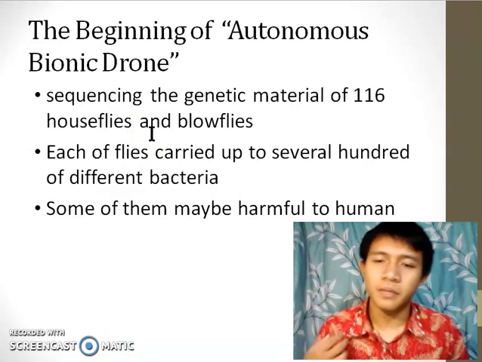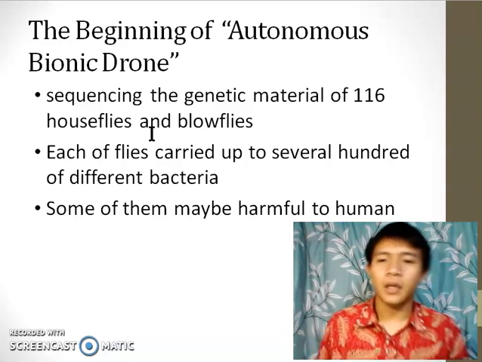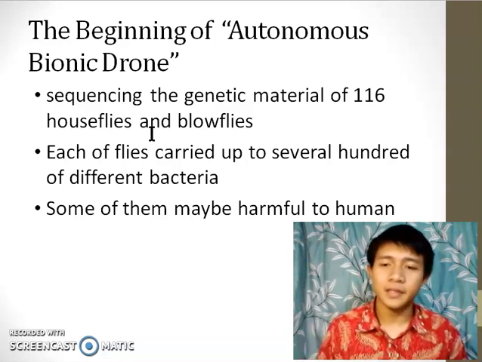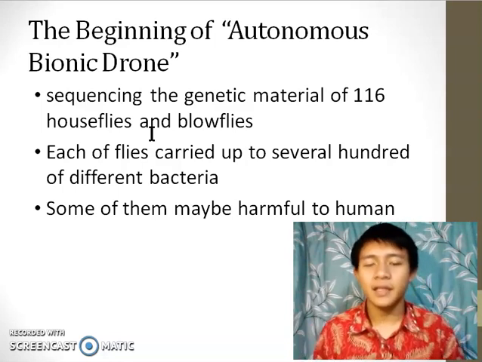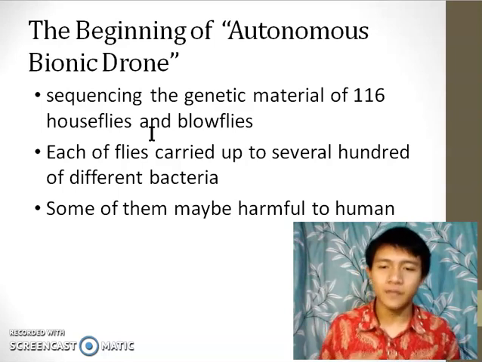Next is the beginning of the autonomous bionic drone. So, first, the scientists sequenced the genetic material of 116 houseflies and blowflies. Each of the flies carried up to several hundreds of different bacteria.